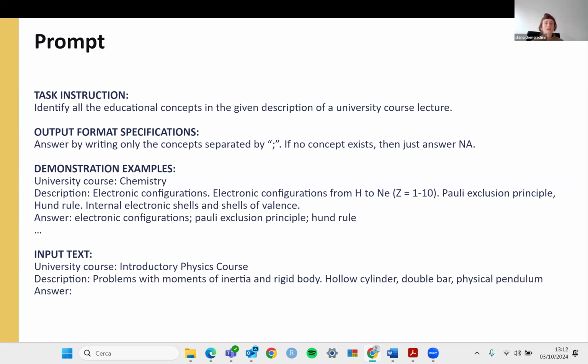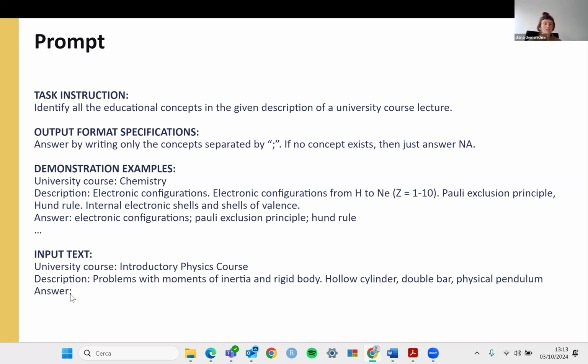Then we have the output format specification, where we say that we want just the concepts as an answer, separated by commas. And then we have the demonstration examples. And finally, we have the input text, where we give the input and we just leave the answer blank in order for ChatGPT to give an answer.